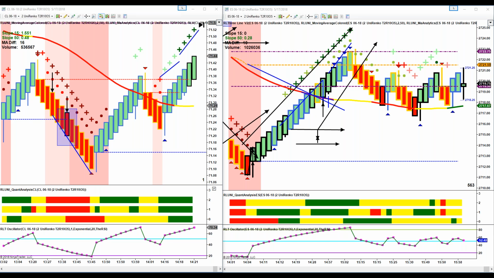I would execute the trade. If the auto trader is going to take it, it means every independent variable is aligned: the 3 line, the quants, market structure, price action, the dots, the 50, the whole shebang. So I would be very, very hesitant not to take that trade, Ronald.